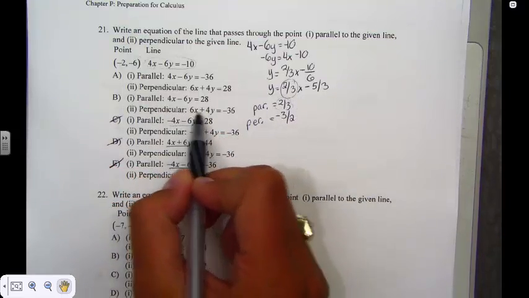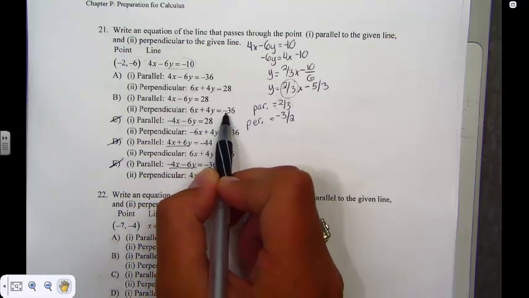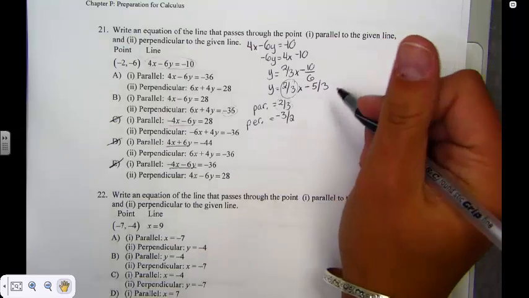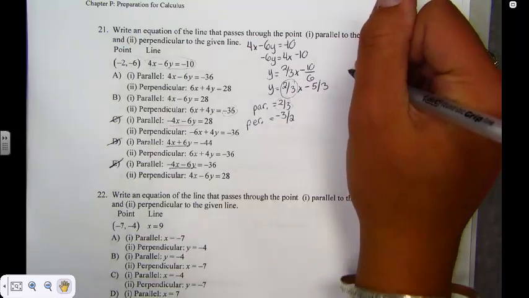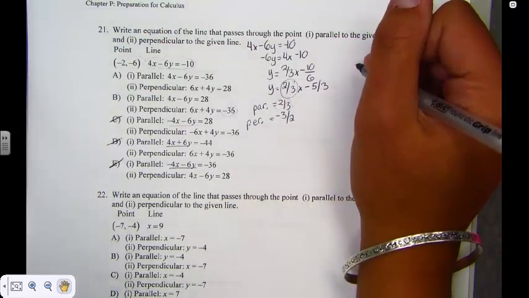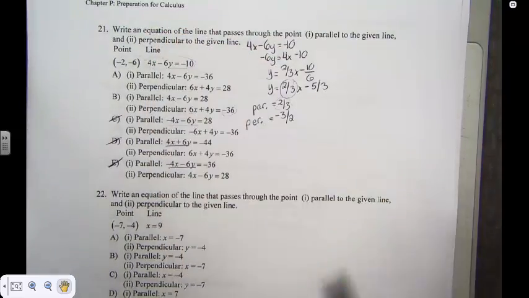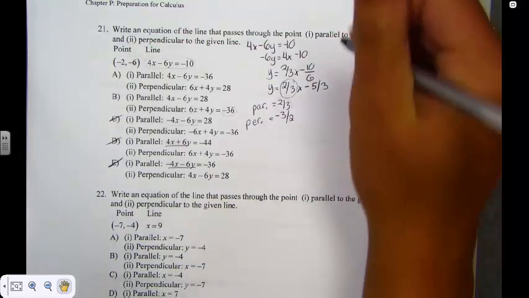Now we need to figure out the b value for our perpendicular one. So we're going to take our point and plug it into y equals mx plus b.